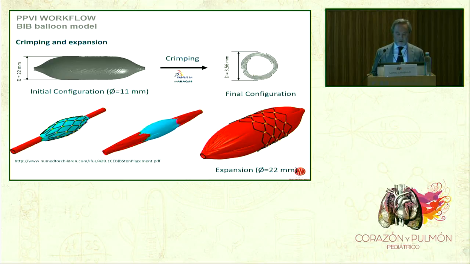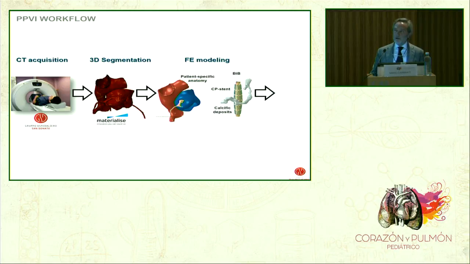This is an example of the simulation of expansion of a big balloon up to 22 millimeters, the maximum size we can inflate the balloon when implanting the Melody valve.